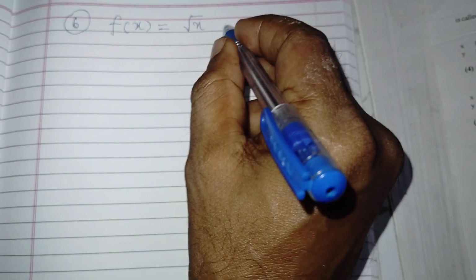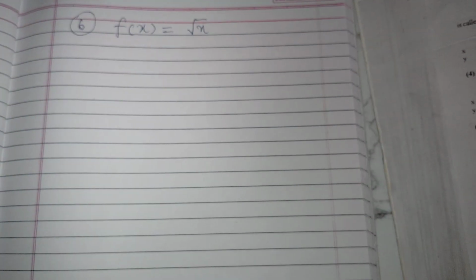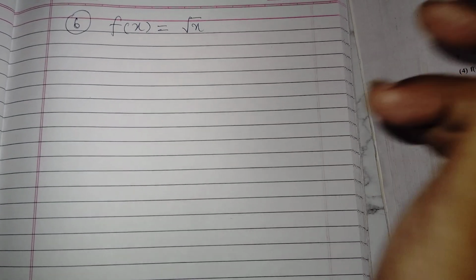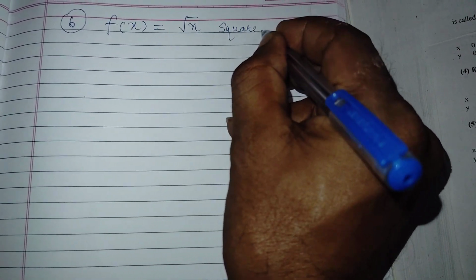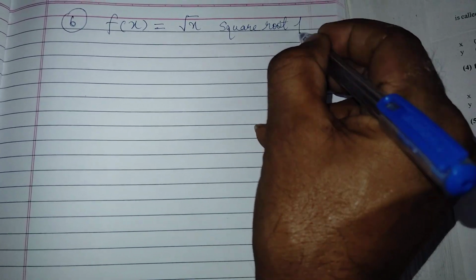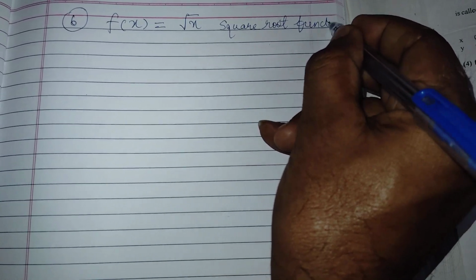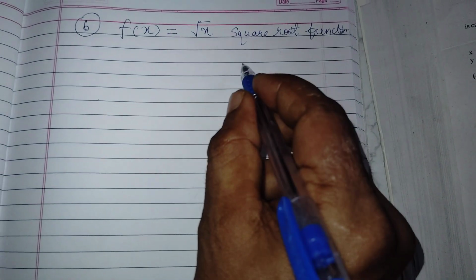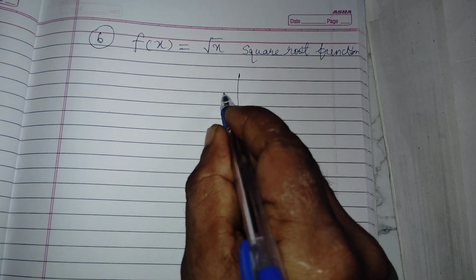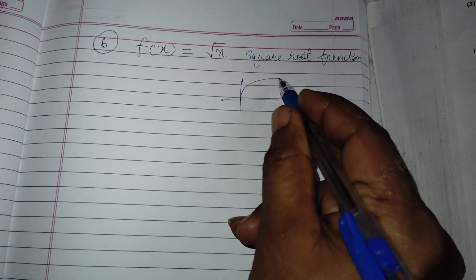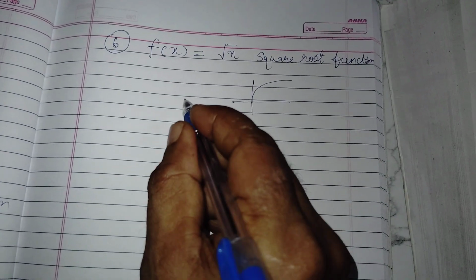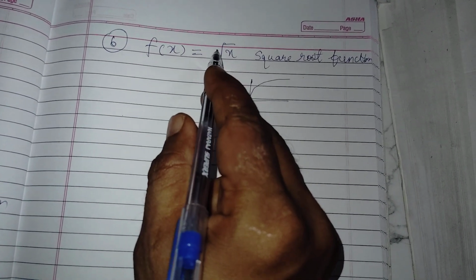Next one is the square root function. Here the under root sign is given, so that is called the square root function. In this square root function, the graph always lies in the first quadrant. F of x equal to under root x.